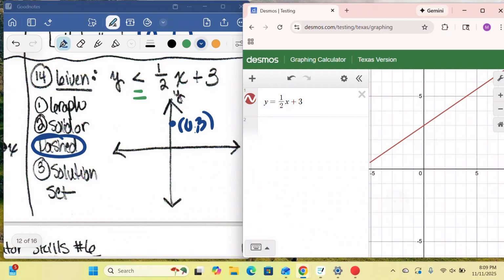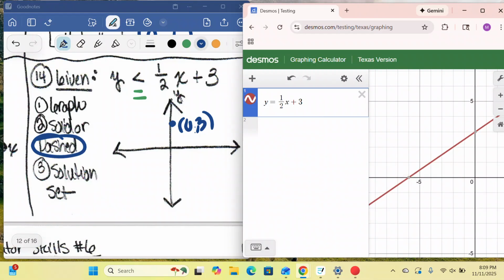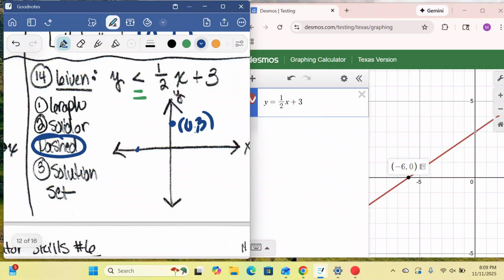Then my next easy one is my x-intercept, which is -6, 0. That's my second one. Then with green, you're going to see the graph form a line, but not just any line, a dashed line.